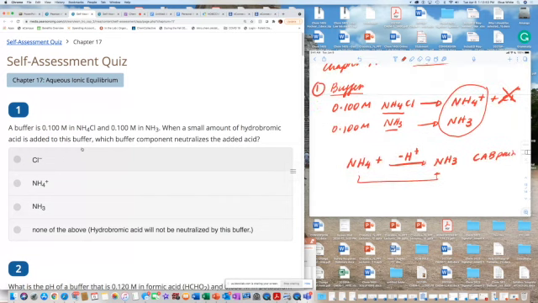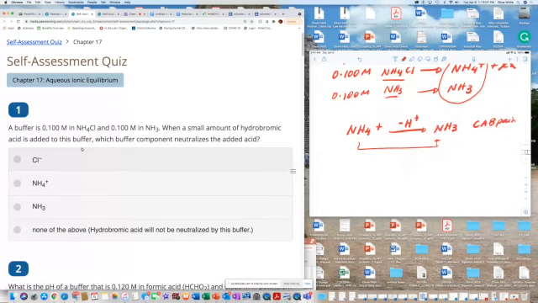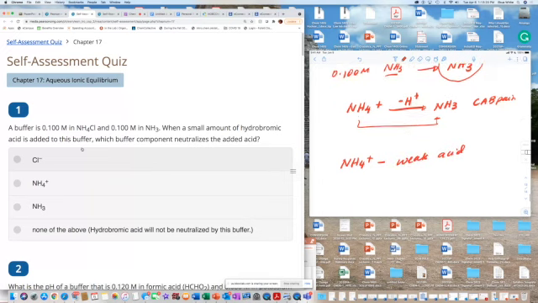So we're told in this buffer situation, when a small amount of hydrobromic acid is added to the buffer, which buffer component neutralizes the acid? Ooh, this is one of those conceptual problems. So in an acid base pair of the buffer, remember you have the acid component. In this case, NH4+ is classified as a weak acid, and then NH3 will be its conjugate base.